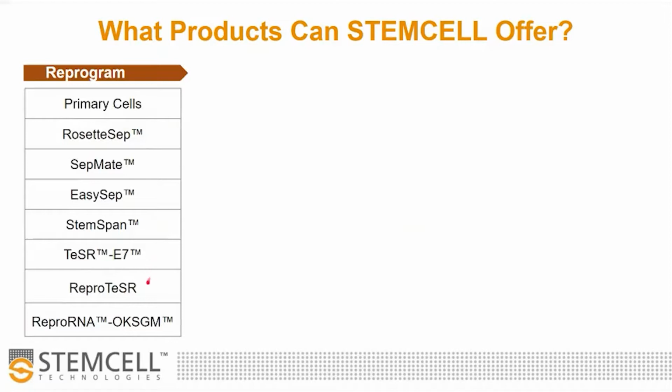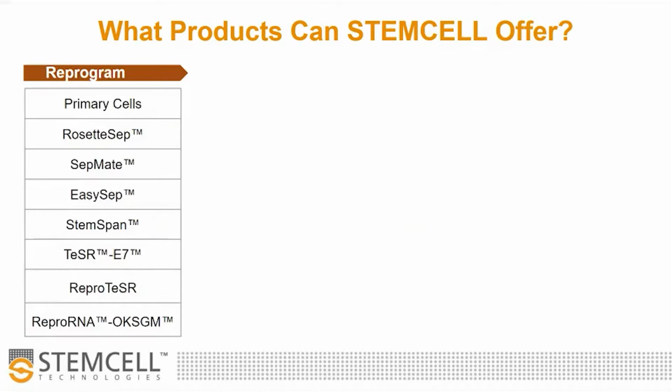TeSR-E7 and ReproTeSR are our two reprogramming media. TeSR-E7 was the first reprogramming medium that we had, and it's based on the published formulation from James Thompson's lab and Guokai Chen.